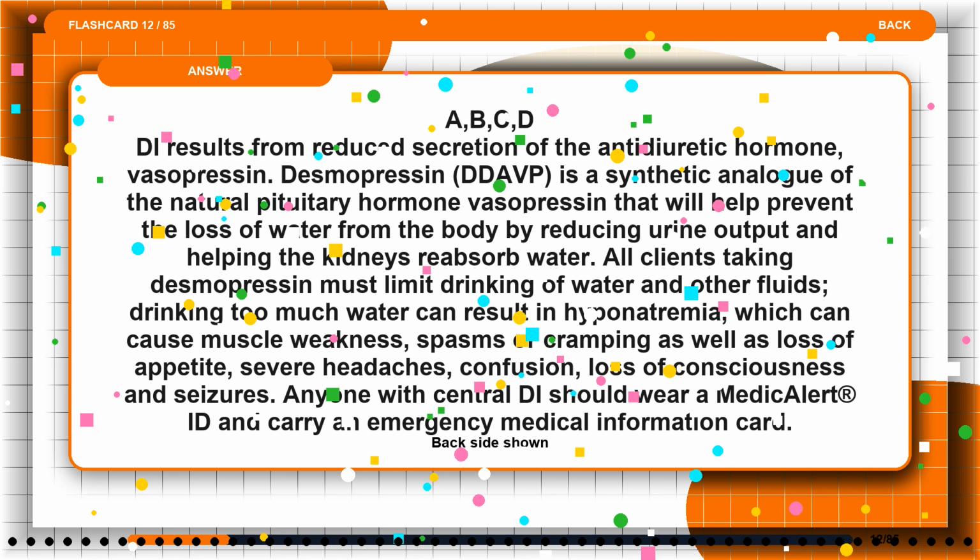Drinking too much water can result in hyponatremia, which can cause muscle weakness, spasms or cramping, as well as loss of appetite, severe headaches, confusion, loss of consciousness, and seizures. Anyone with central DI should wear a Medic Alert registered ID and carry an emergency medical information card.